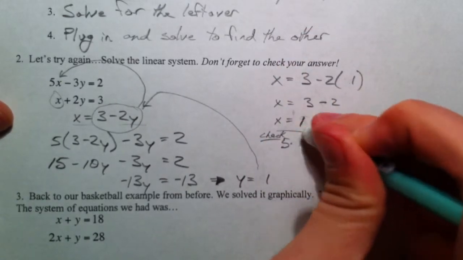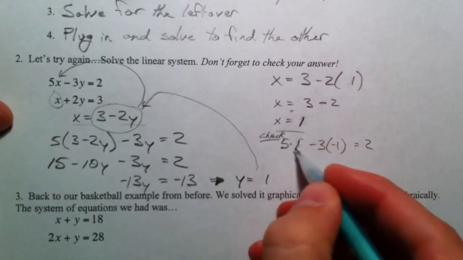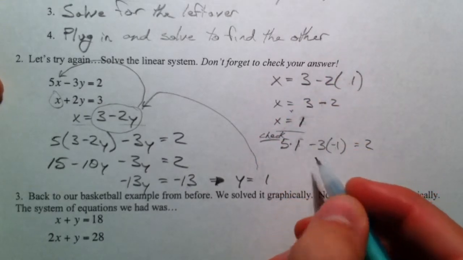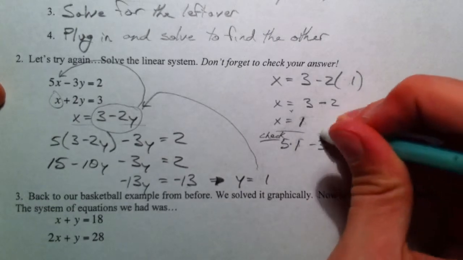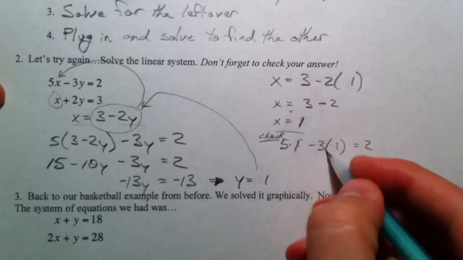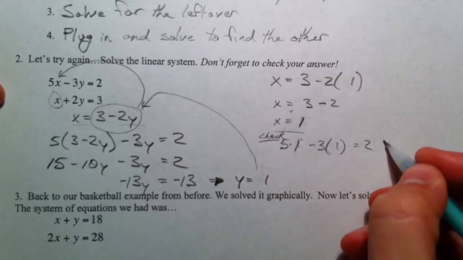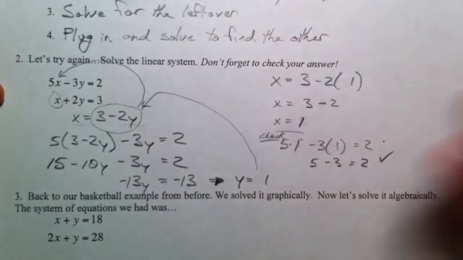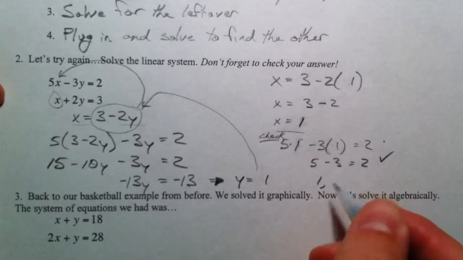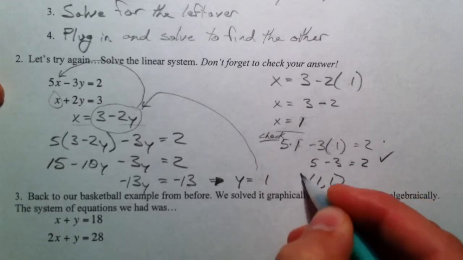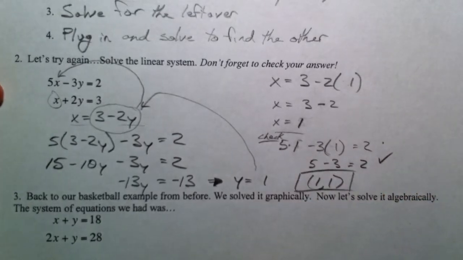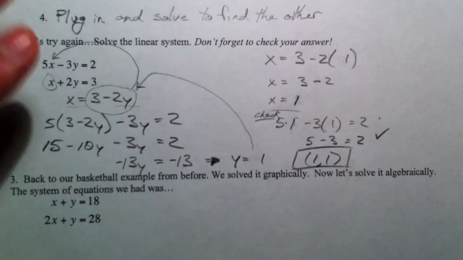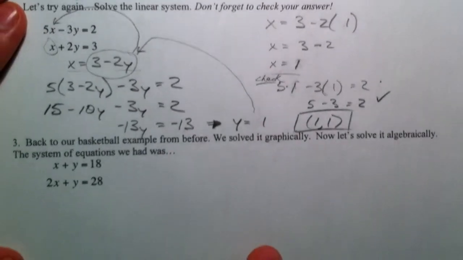So 5 times 1, 5 minus 3 times negative 1, and really that is the positive 1 that we meant to have. So that checks out. 5 minus 3 is 2. And that is why you check your answer. Because I just made a mistake. So it means it's possible you can as well. But obviously you guys don't make as many mistakes as I do.